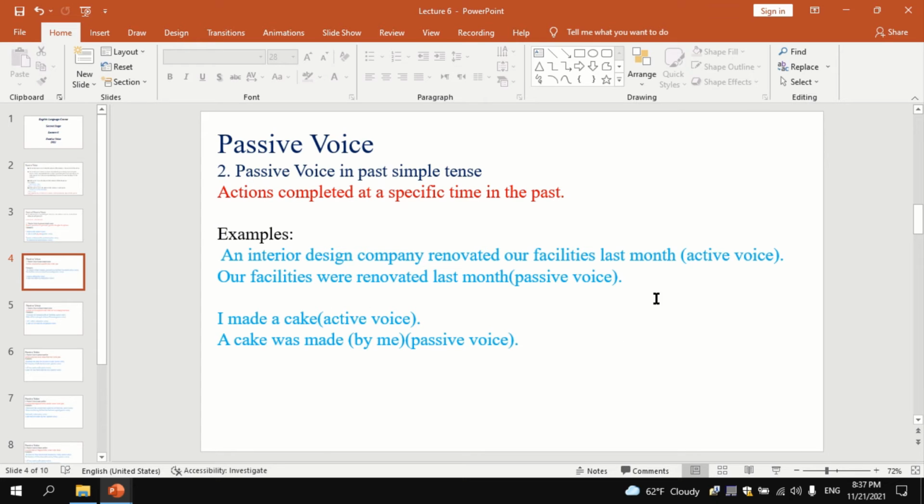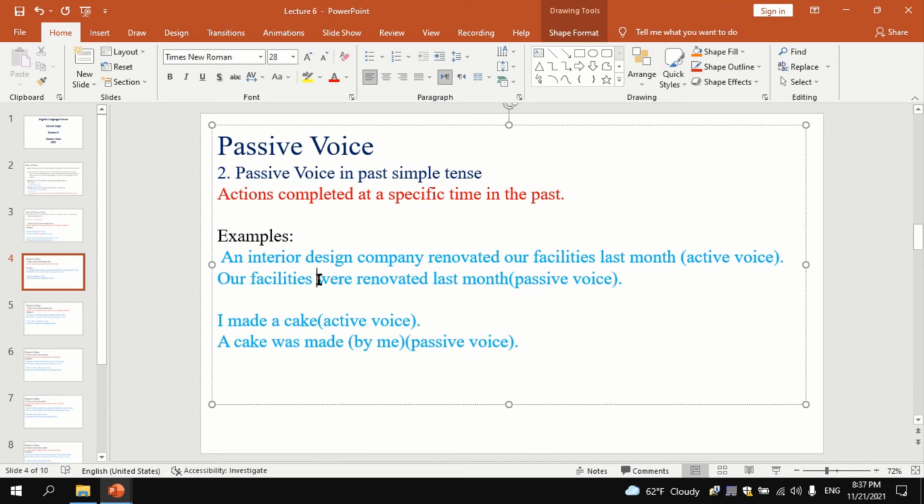It can be seen that our facilities became the subject. And we use were here because facilities is plural. So we use were, the verb to be in the past tense.